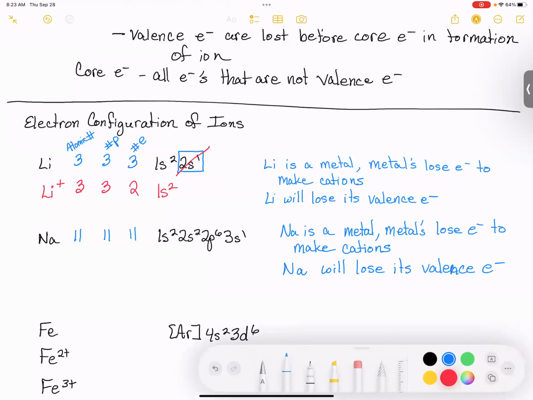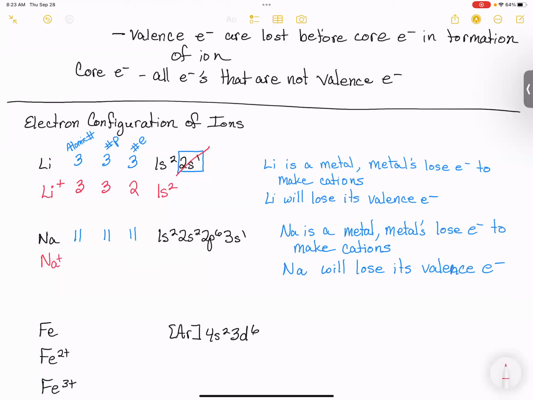So if we make sodium ion, it's still going to be atomic number 11 because it is still sodium, which means it's still going to have 11 protons. But now it's going to have 10 electrons in sodium ion.